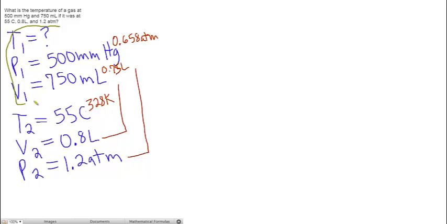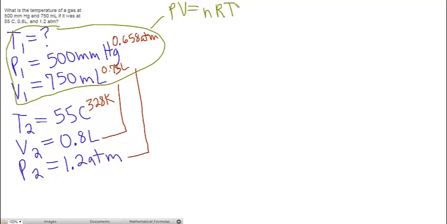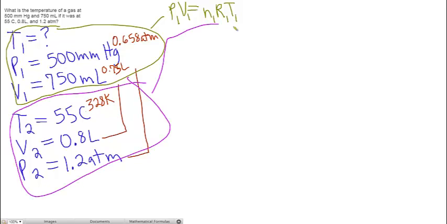This is one group of information. So this will be one ideal gas law. PV equals nRT. This is another group of information. So this will be another ideal gas law.